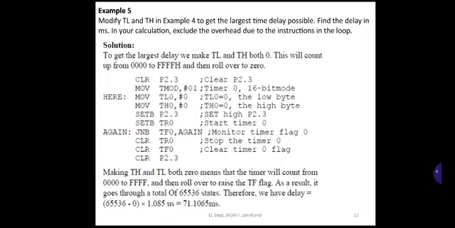Then it rolls over to raise the TF flag. As a result, it goes through a total of 65,536 counts, from 0000 to FFFF, 65,535 plus 1. Therefore, we have a delay of 65,536 times 1.085 microseconds. So the total time delay is 71.1065 milliseconds.